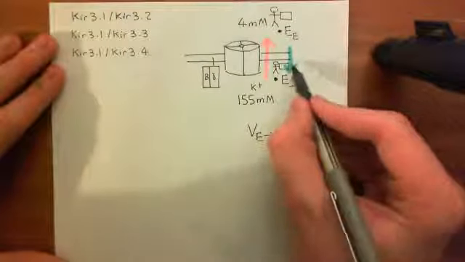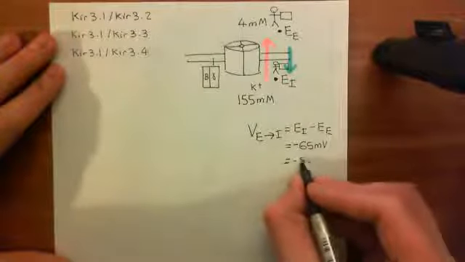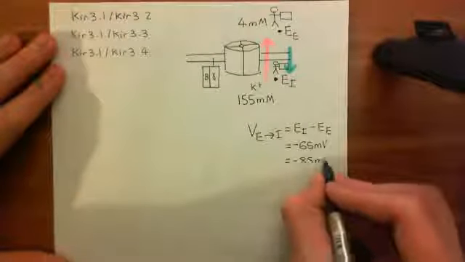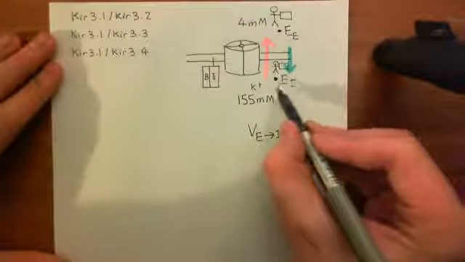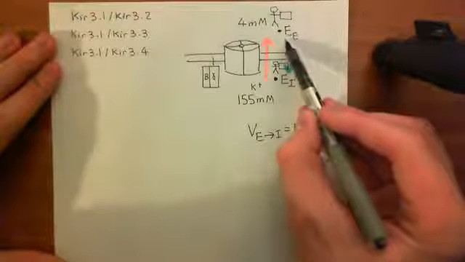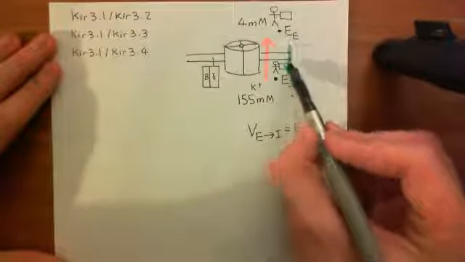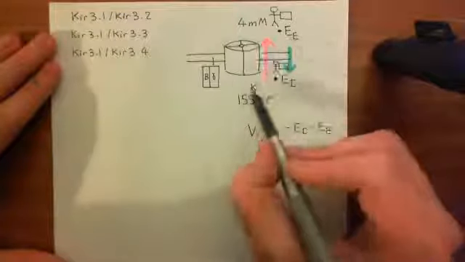In actual fact, you would have to take the electrical potential difference down to something around negative 85 millivolts, where the electrical potential of the intracellular compartment is 85 millivolts lower than the electrical potential of the extracellular compartment, if you wanted the electrical gradient to equal this sort of a concentration gradient.